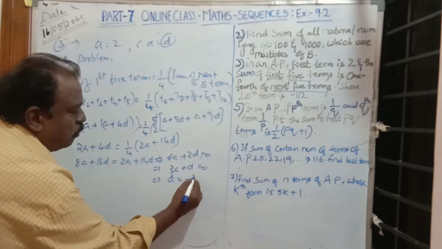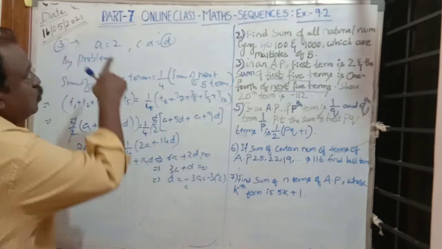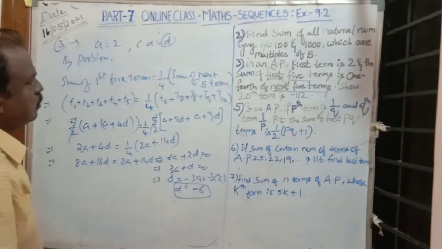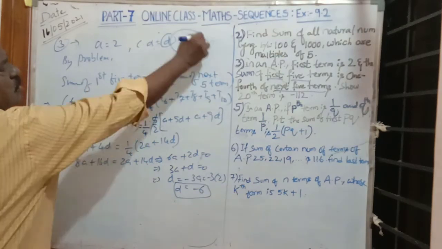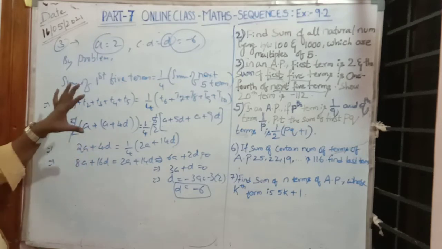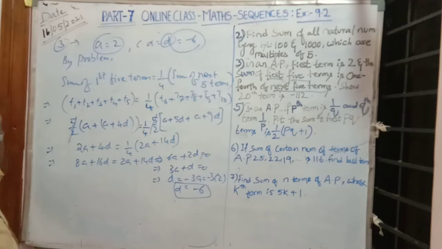So D is equal to minus 3A. Minus 3 into A, which is 2, so minus 6. So the D value is minus 6. A is 2 and D we found through the condition.